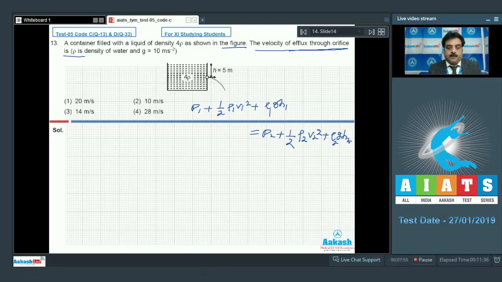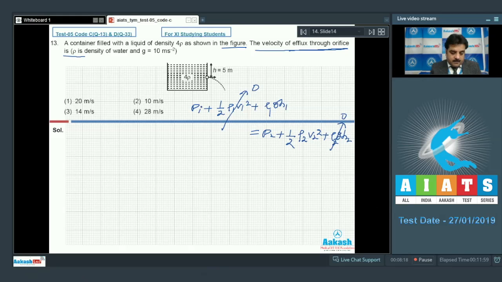So this is the Bernoulli equation, but suffix 1 is for inside of the container and suffix 2 for outside of the container. Then you can see this part will be 0. There is no kinetic energy in case 1, inside the liquid, and outside there will be no potential energy.